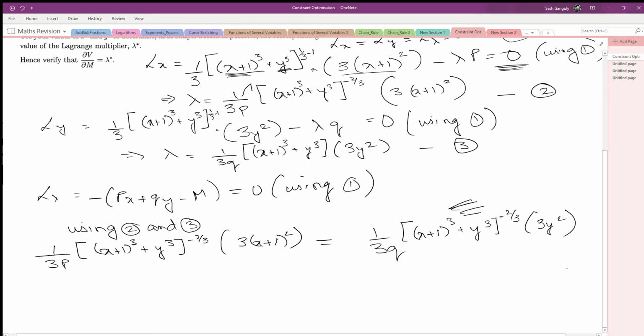So we can see that clearly some terms will cancel out. So I have this term cancelling this term out. I have 3 and 3 cancelling each other out.